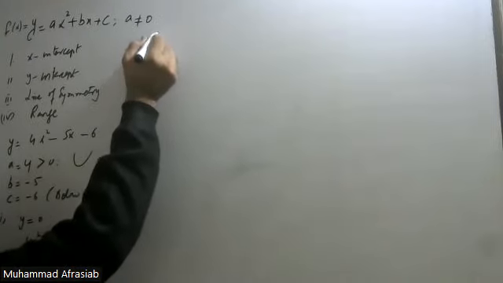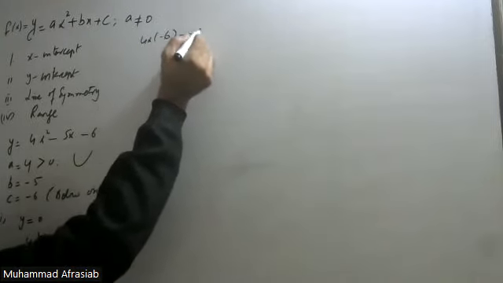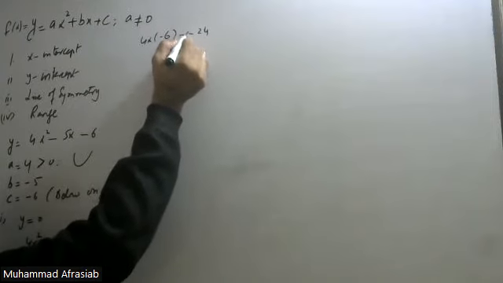Since it is a quadratic equation, we are going to use the factors method, the middle term breaking, or the quadratic formula. So 4 into minus 6 is minus 24. So this minus indicates that the difference of the factors should be equal to minus 5 here.